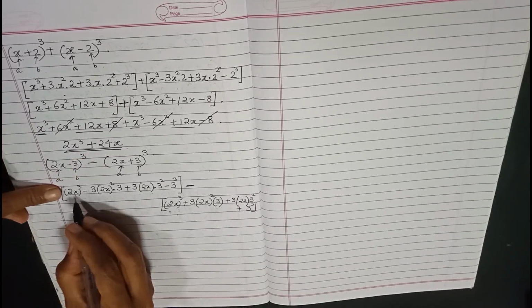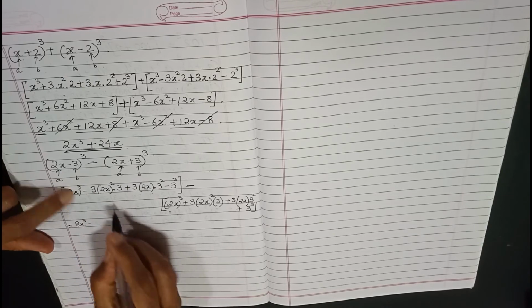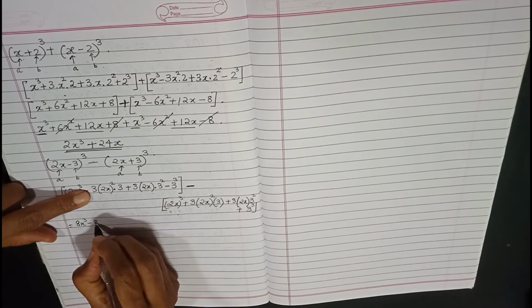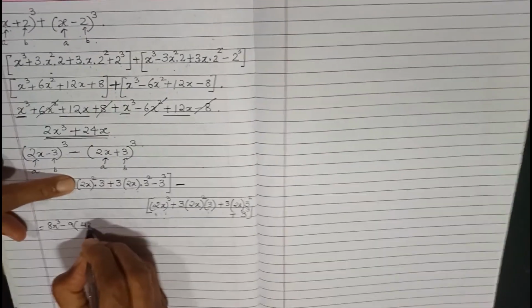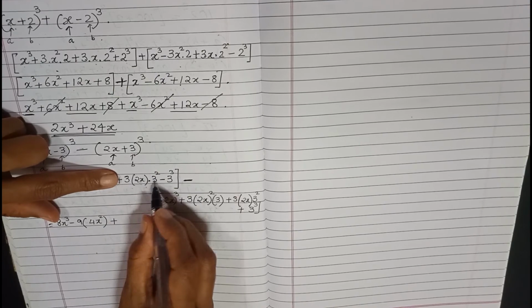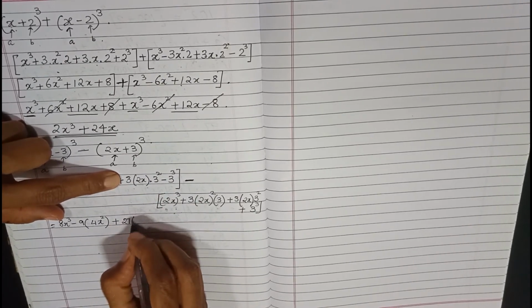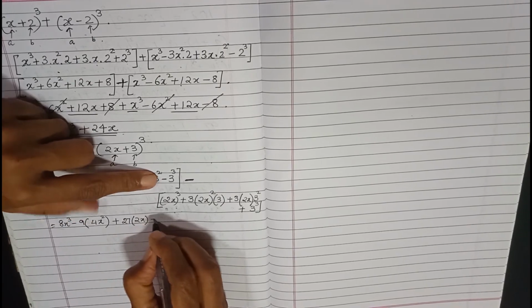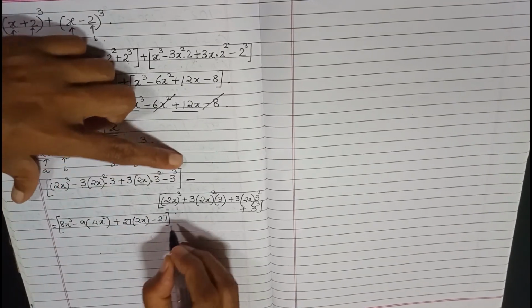Okay, let's open it. (2x)³ is nothing but 8x³, minus 3 into 3 is 9, and this bracket we open first. 2² is 4 and x² is 4x². Similarly here, 3² is 9, 9 3s are 27, and 2x, and minus 3³ is 27. So this is the first bracket.